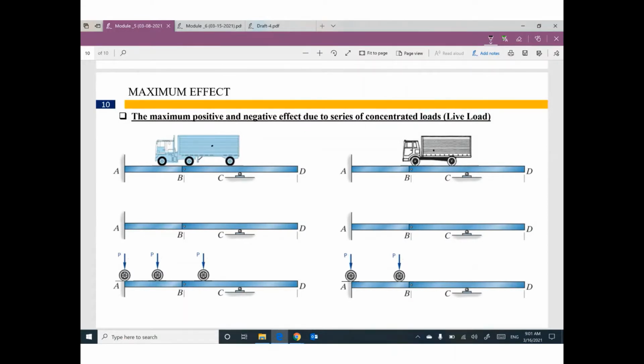I don't think so, because the contact between any truck and any bridge is through this wheel and this wheel. So we will have concentrated load. What is the case if you have a truck? We will cover it next meeting.